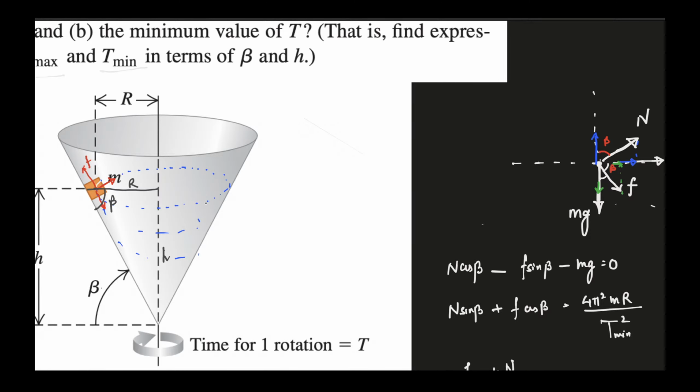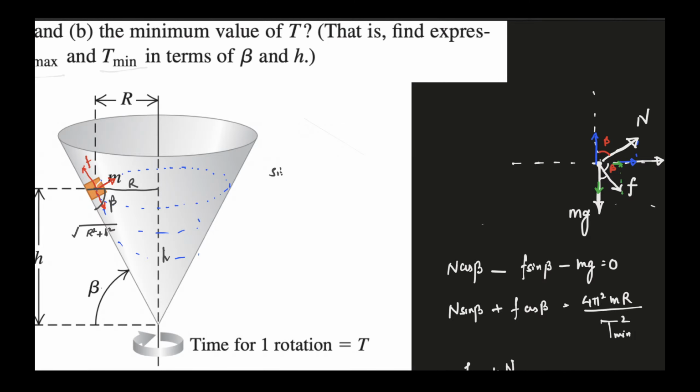So what is sine beta? The hypotenuse is going to be root of r square plus h square.